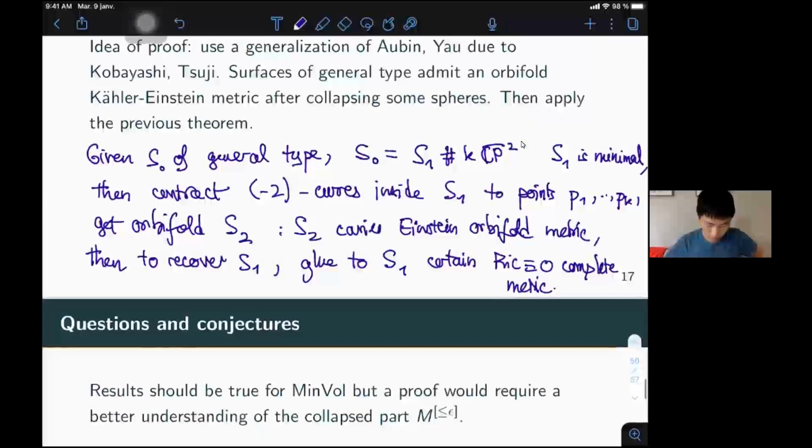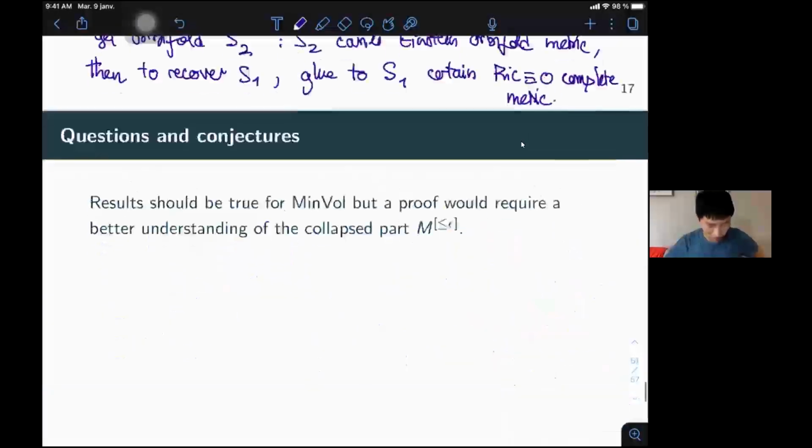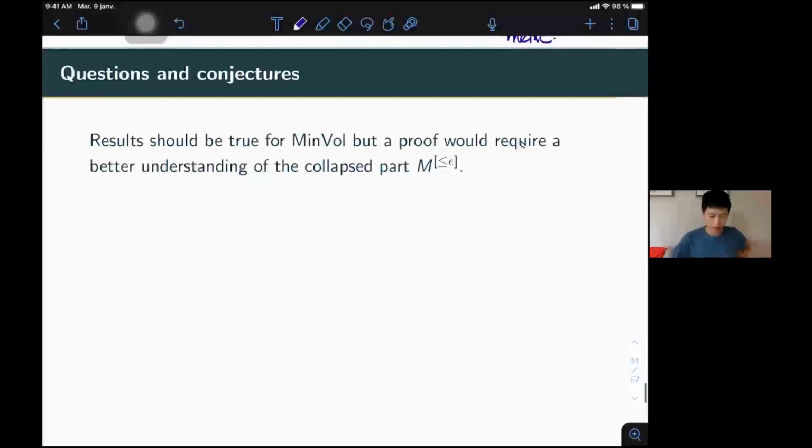And actually, I'm going to end very early. So let me say a bit about the questions. Again, the result, I think they should be true for the minimum volume, but then a proof for the minimum volume would require some better understanding of the collapsing part, so this thin part of M that is covered by N structures.